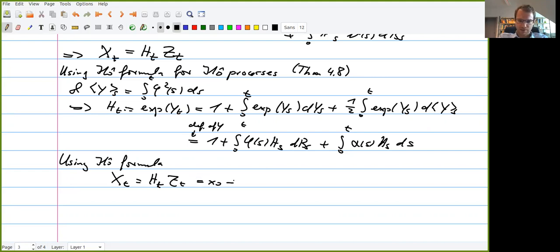So what do I get? Just to remind you, the integral of h with respect to z plus the integral of z with respect to h, and then I get the quadratic covariation of h and z. Well, now I plug in what I have learned here. I know what h is, I calculated it here.